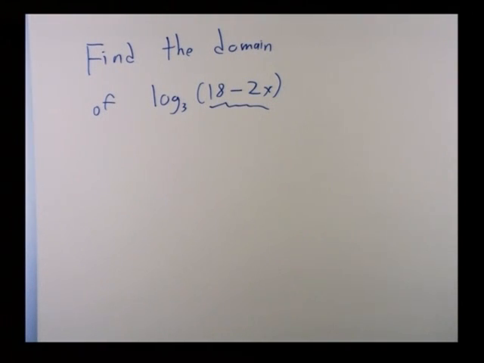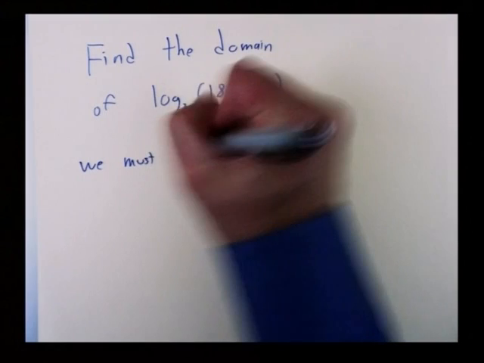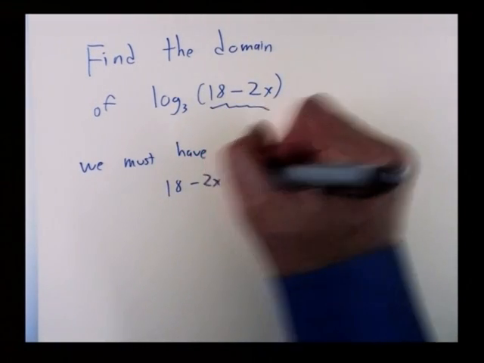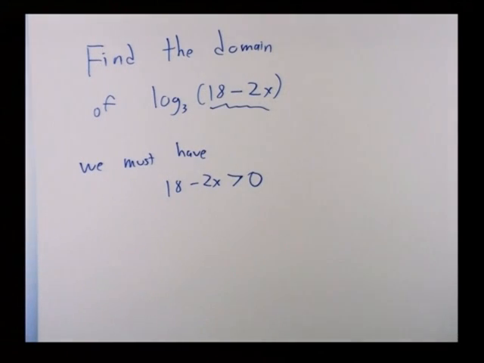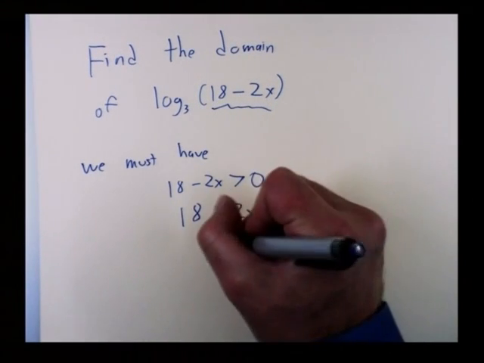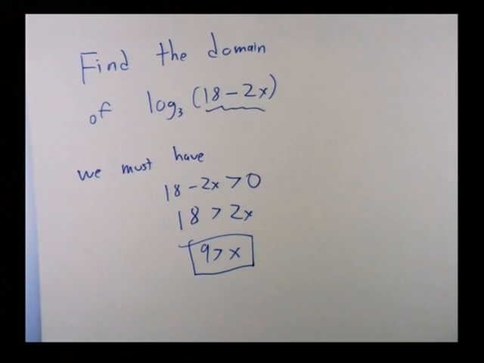We just said this. The logarithm of something only makes sense if that something is positive. So we must have, the only possible thing here for us is that 18 minus 2x is positive. It must be greater than 0, and if it is, this of course reduces to a problem that we're very good at and have solved many times before. We find that x must be less than 9.